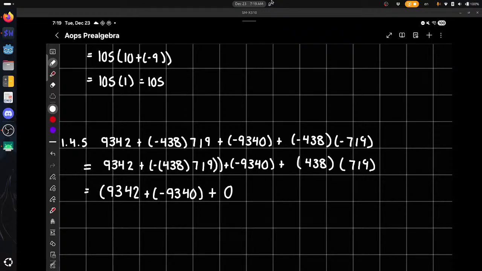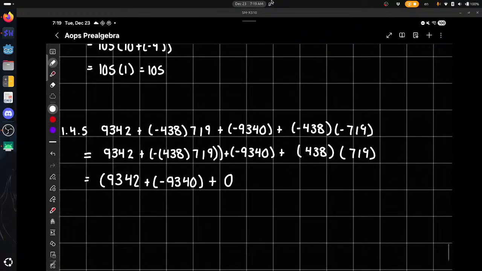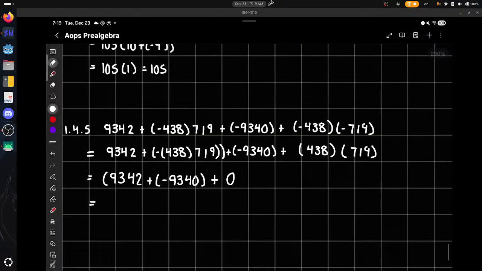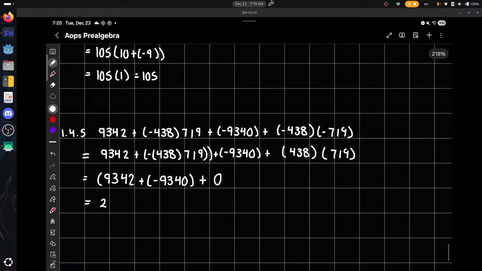So just to explain it, 438 times 719 times negation, or -1, will give us a negative result. But this is the same number, but it's positive, so we get 0. So all we have to do is just subtract these, and the answer is 2.